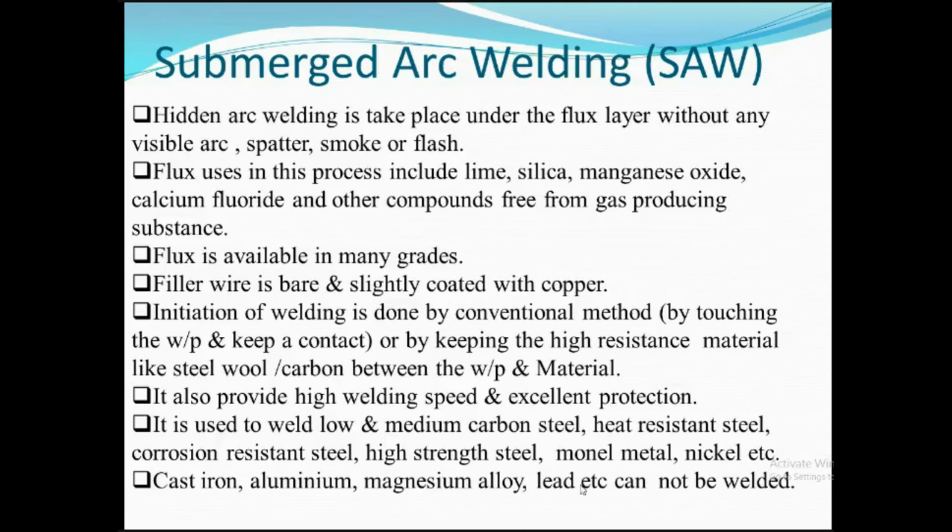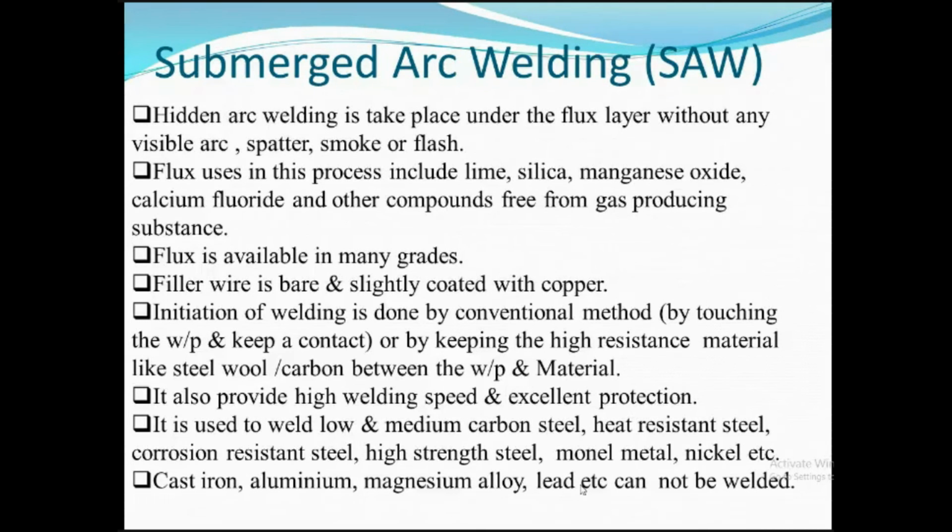It is used to weld low and medium carbon steel, heat resistant steel, corrosion resistant steel, high strength steel, monel metals, nickel, etc. Cast iron, aluminium, magnesium alloy, lead cannot be welded with the help of submerged arc welding. This is your second type of welding we generally deploy for doing welding on different parts.